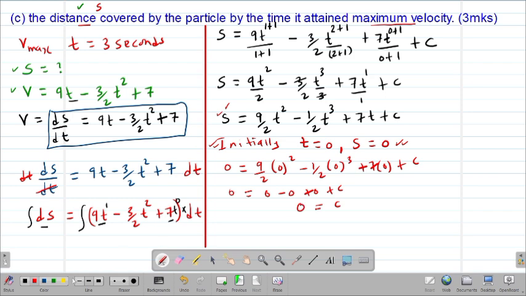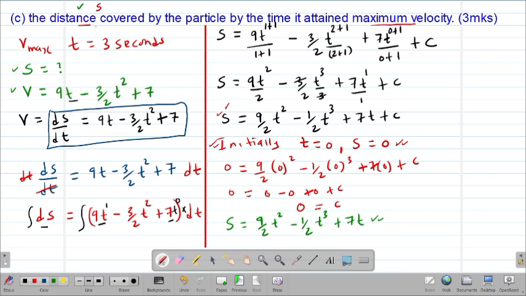Therefore, the equation for s would remain to be 9/2 t squared minus a half t to the power of 3, then plus 7t, then plus 0. But adding a 0 does not change the equation. Therefore, this is the equation for the displacement of the particle at any given time t.